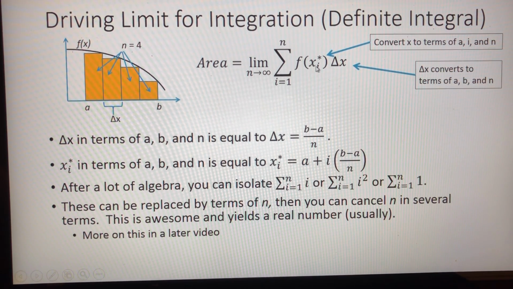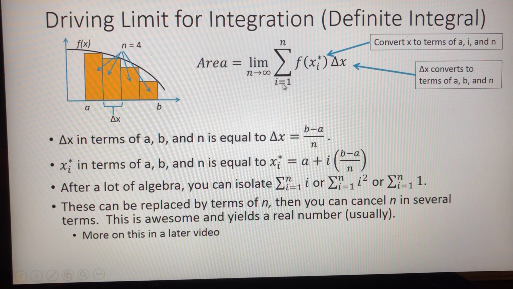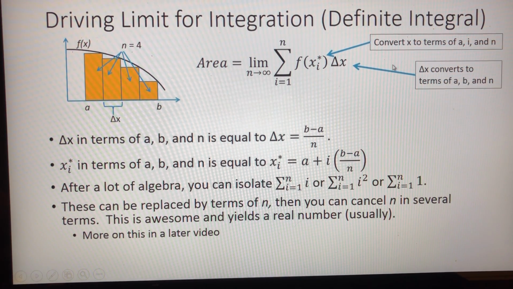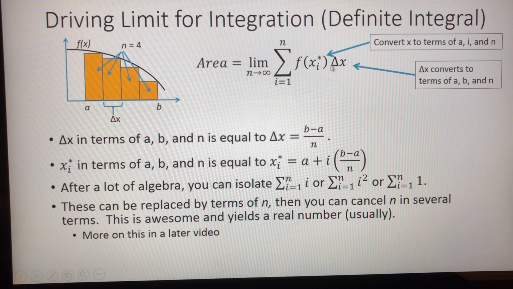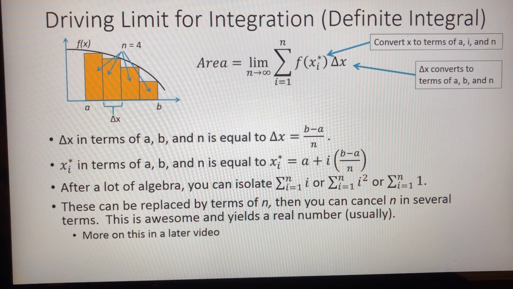So if you keep it in terms of x, then you're going to have nothing changing when i changes. So you need to take care of that. And then your delta x is going to be constant. That's dependent on where your b is and where your a is, and then the number of boxes you have. So if n approaches infinity, delta x is going to approach 0. You're going to have a number over infinity. But you keep it in terms of n. I'll have this in a later video as well, so you'll see what I mean.